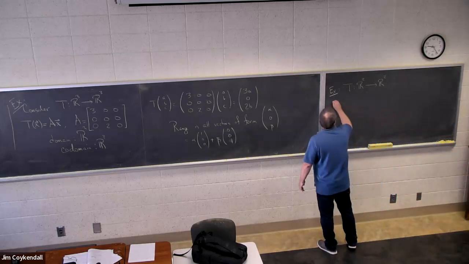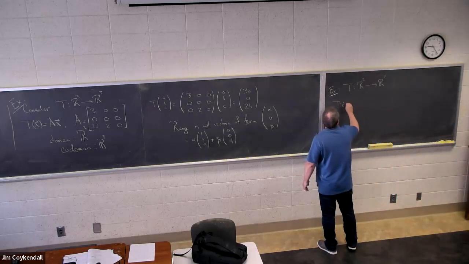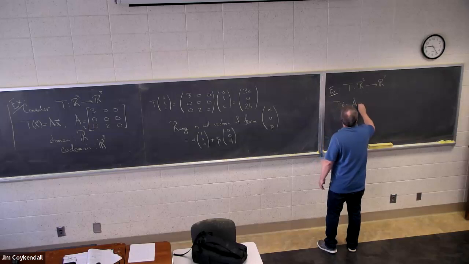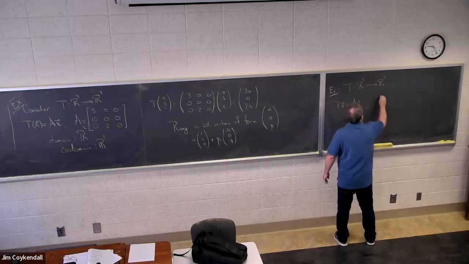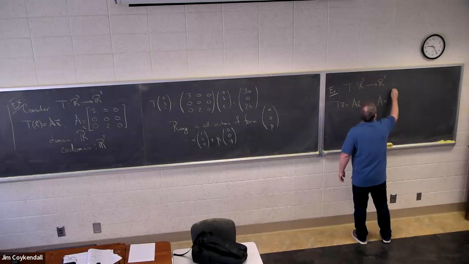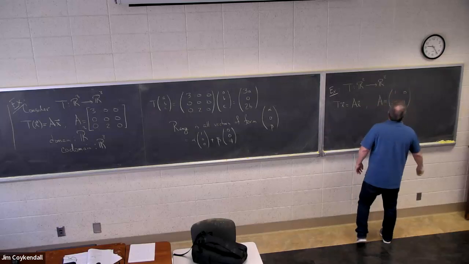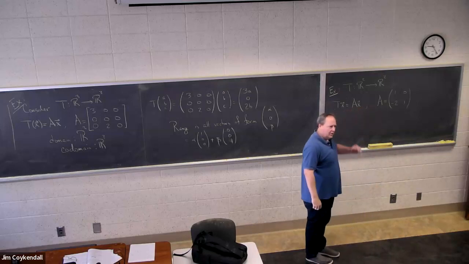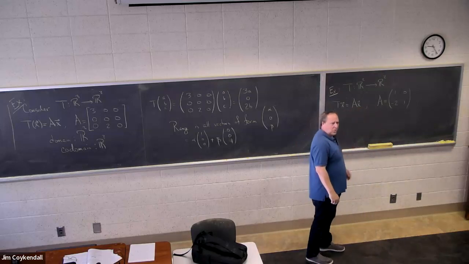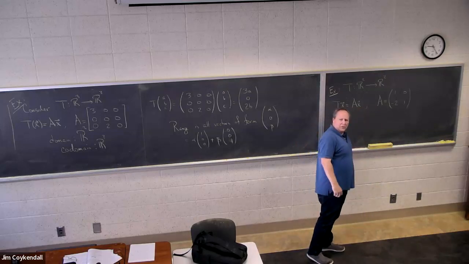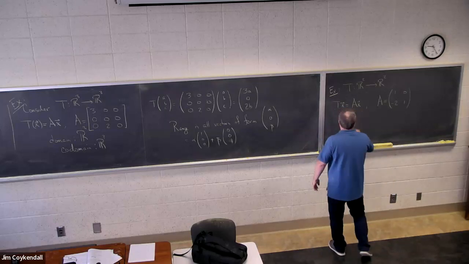I want T of x equal to A of x, where here A is the matrix with rows 1, 0 and 8, 2, 1. This is called a shear transformation, right? Now, I can write a formula for what happens here.